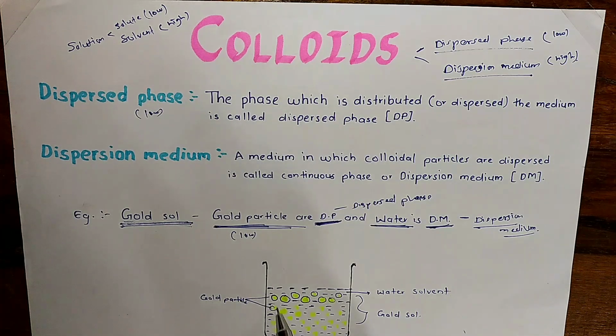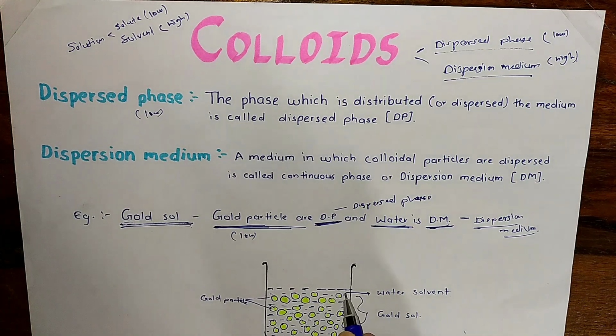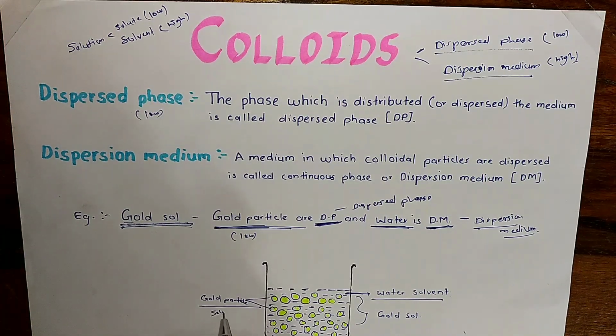If we mix gold particles in water, it becomes a colloid. Water is the solvent, and the gold particles are the solute.